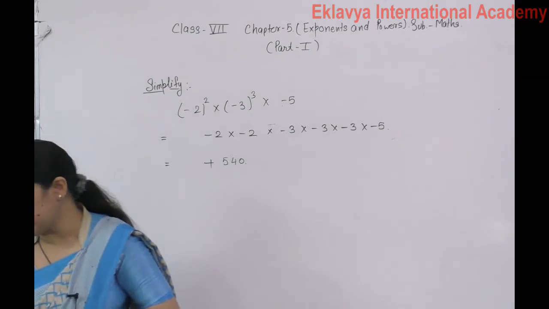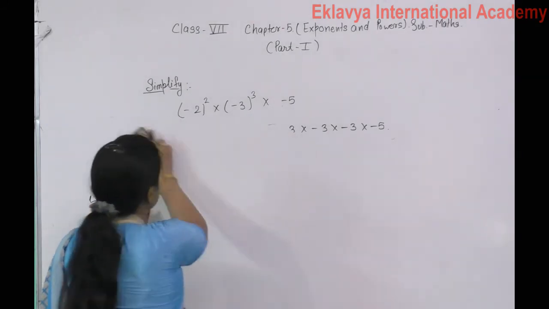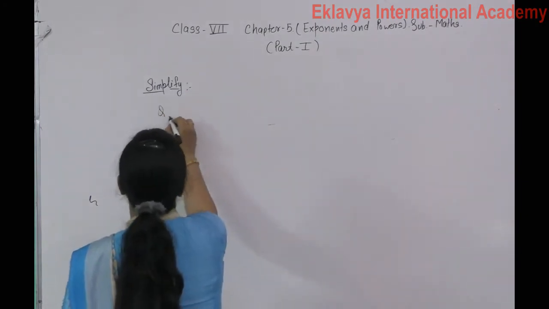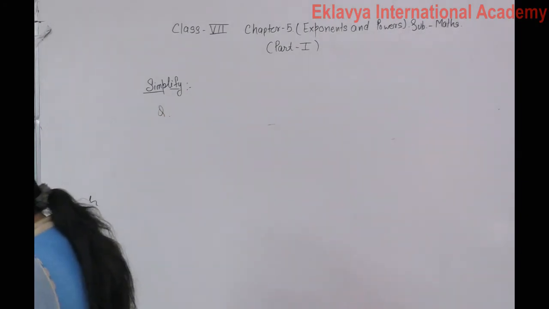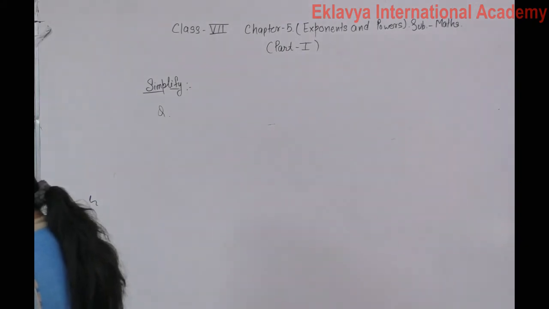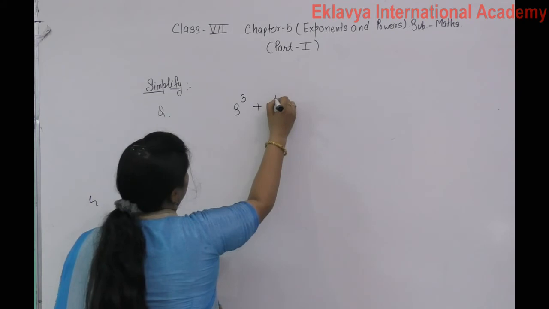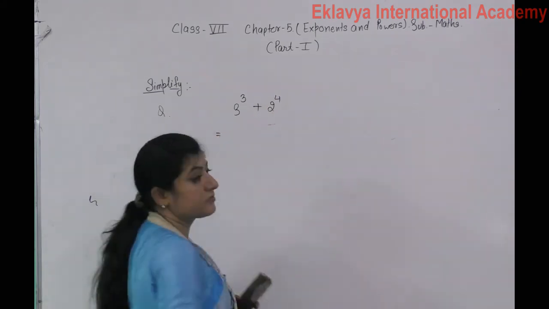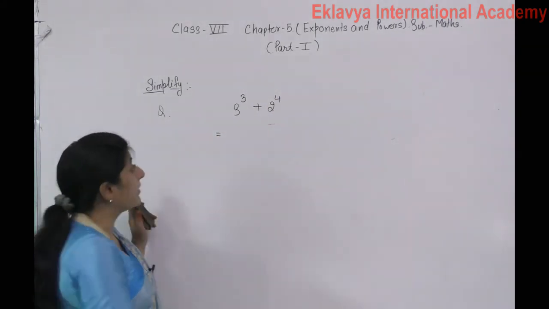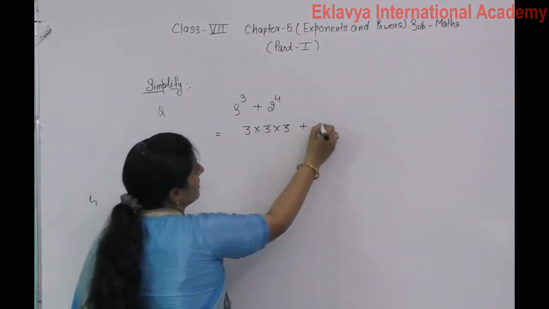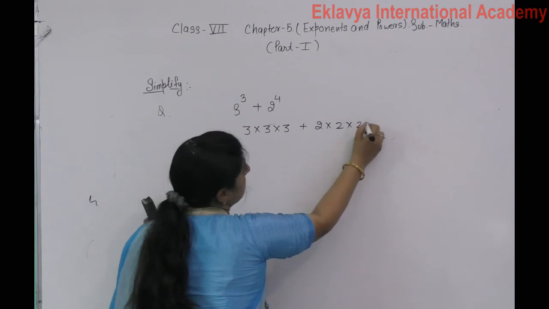Another example, take 3 power 3 plus 2 power 4. Firstly we solve the power: 3 into 3 into 3 plus 2 into 2 into 2 into 2.